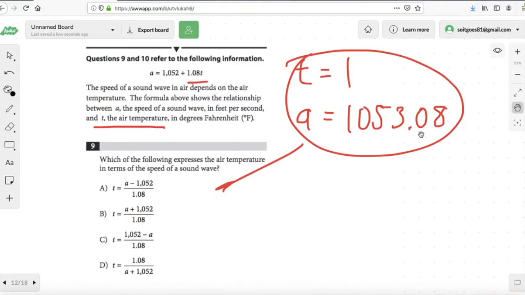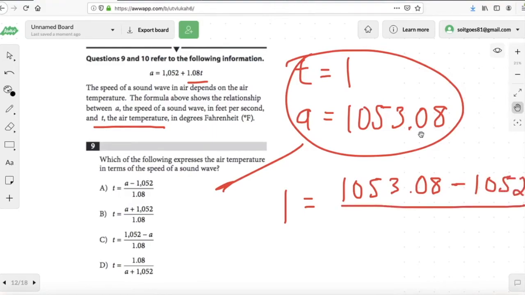I'm going to test answer choice A first. Instead of T, we write 1 equals, instead of A, 1,053.08 minus 1,052 over 1.08.